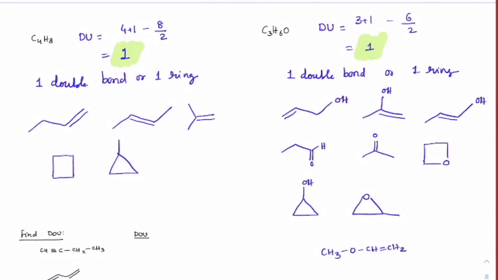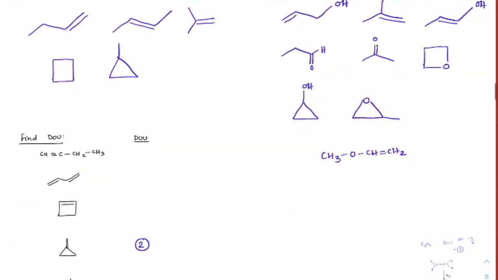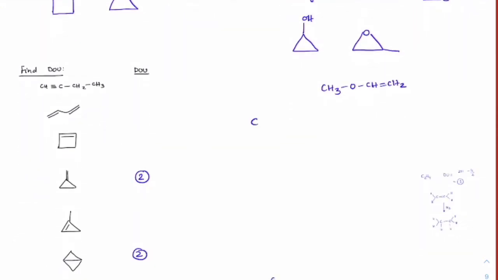Sir, if DU is 2, then 2 double bonds, 2 rings are possible. But I'll take one case. For example, if you have C4H6, here DU is 2, so I can have one double bond plus one ring, or I can have two rings, or I can have one triple bond.